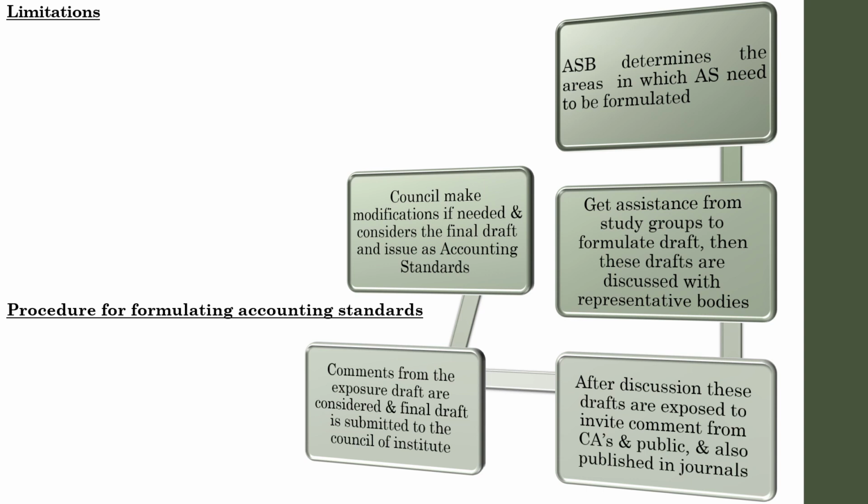Some of the important limitations are: first one, difficulty in choosing different alternative accounting treatments. There may be alternative solutions to certain accounting problems. Therefore, the choice between the different alternative accounting treatments may be difficult. For example, finding out the value of goodwill. I believe you have learned about the concept.